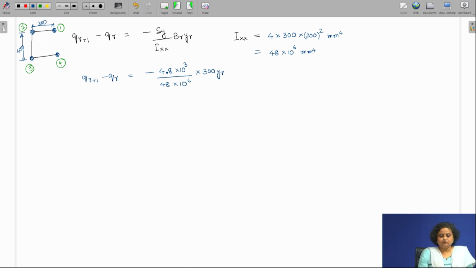Now, let us try to find out the shear flow. So, now for flange 1, 2, we have Q12 minus Q0, which is going to be equal to 0 because this is the open end, and that is going to be minus 4.8 into 10 to the power 3 by 48 into 10 to the power 6.